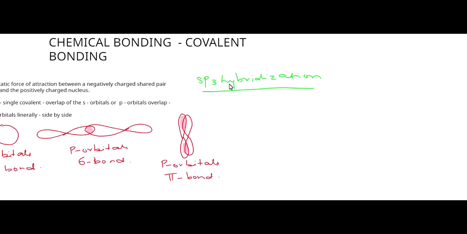What is sp3 hybridization? Whenever a p orbital is involved in making a sigma bond, or a single covalent bond, it modifies, or it acquires an s orbital character.